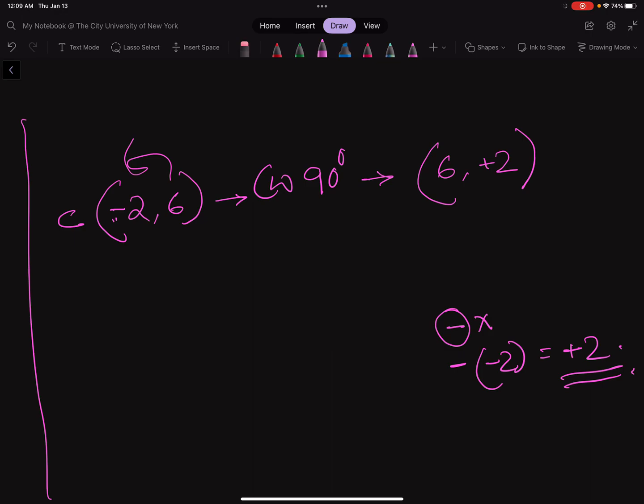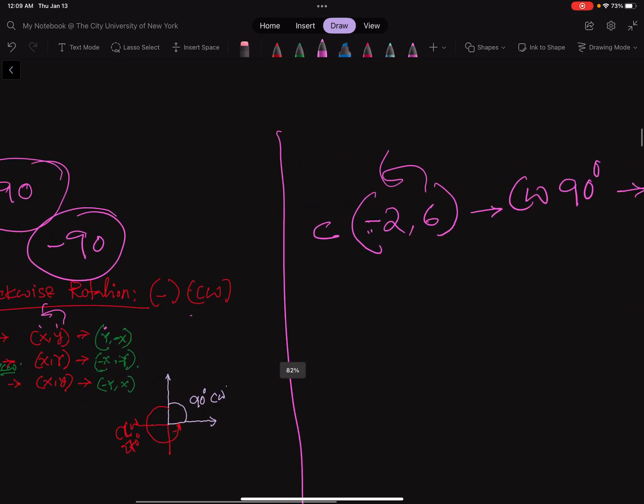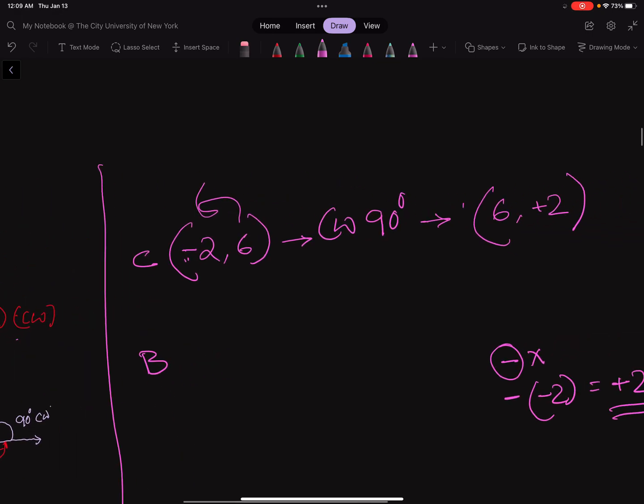Now it's always good to work with some other example. Let me work on this. So this is our C prime.